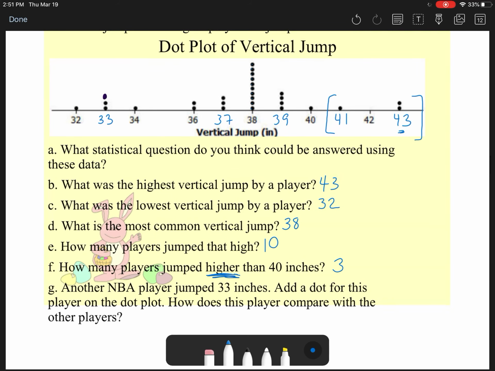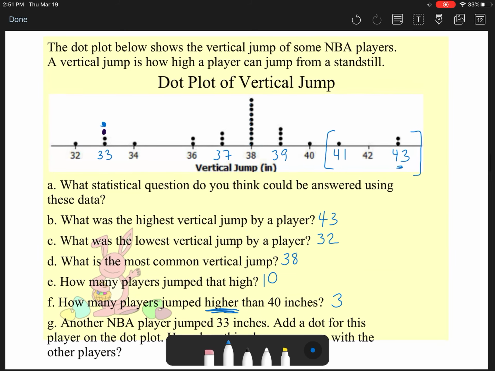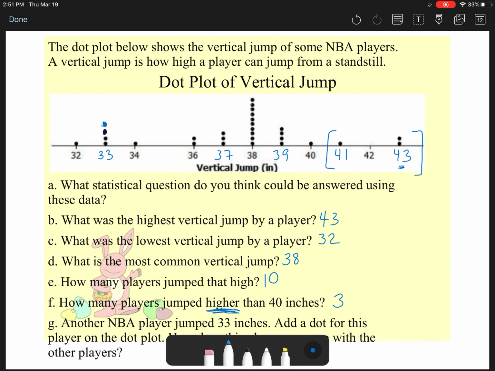Now, let's say another NBA player jumped 33 inches. Add a dot for this player on the dot plot. How does this player compare with the other players? Okay, so think about how he or she compares. Are they jumping as high as the rest of the NBA players being counted in our dot plot?